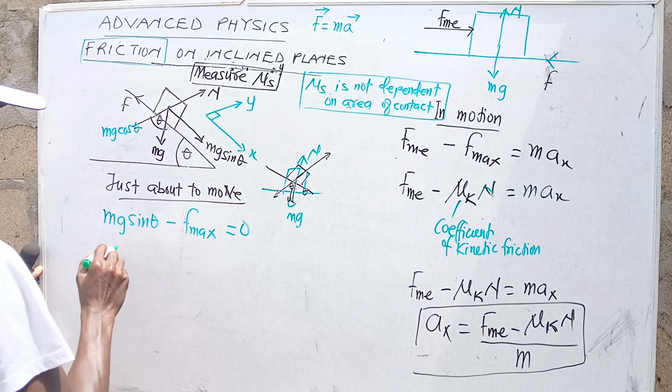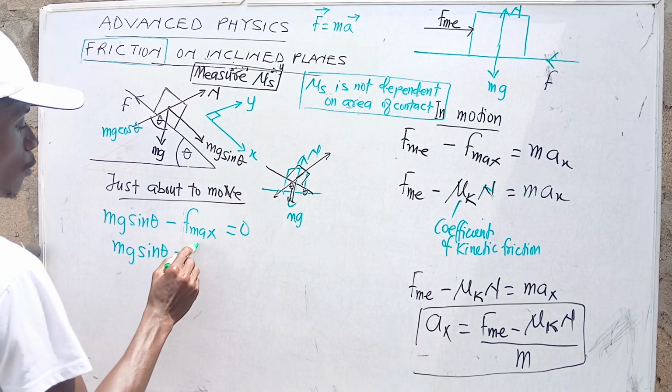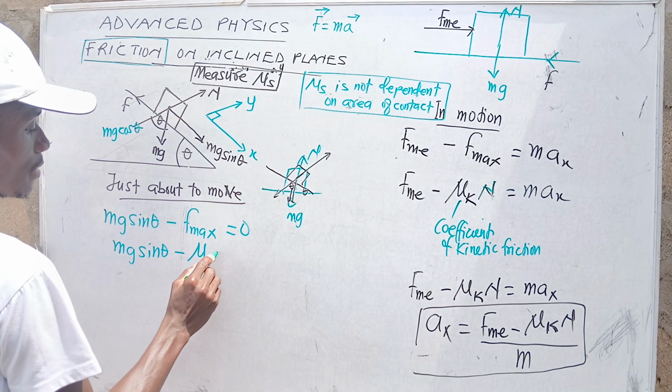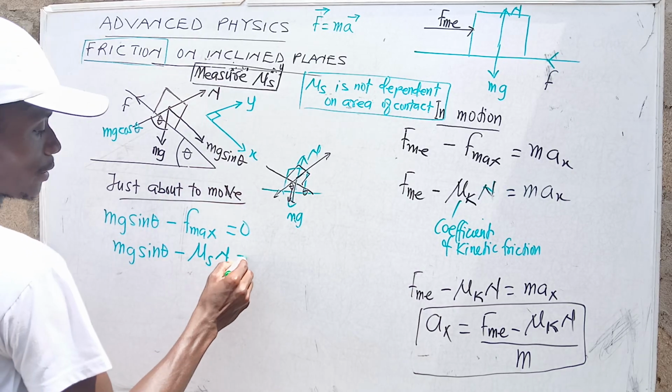But F max will be equal to mu s times the normal reaction.